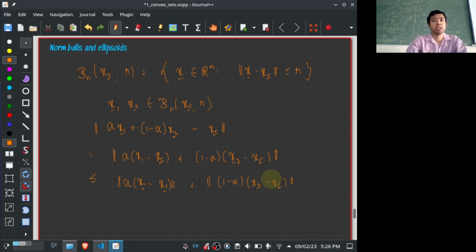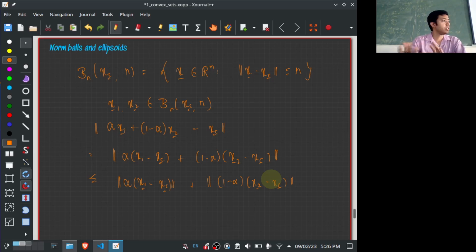And this is something that every norm should satisfy, not just the Euclidean norm. Correct. But one step before that is another property of the norm.